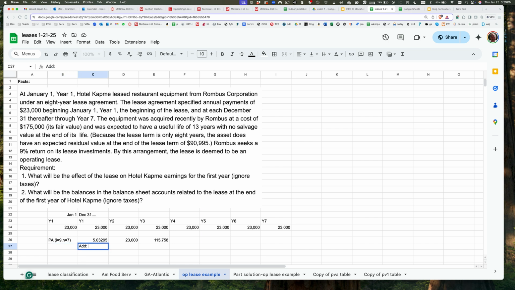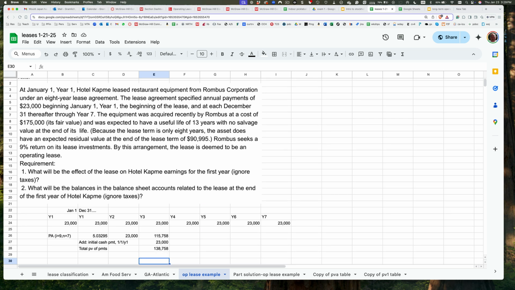Add the initial cash payment, 1/1 year 1, and that's going to be this 23,000 at the very beginning, there's no discount for that. And the total present value of payments is the total of these two, 138,758.